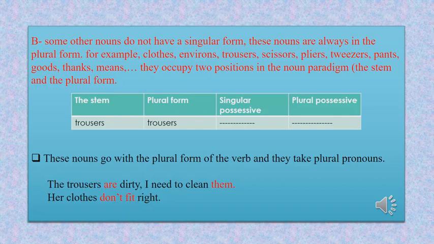That is why we use the plural form of the verb, not the singular form. So remember that these nouns that are always plural go with the plural form of the verb and take plural pronouns. In addition to that, in the noun paradigm, they occupy two positions only: the stem and the plural form.